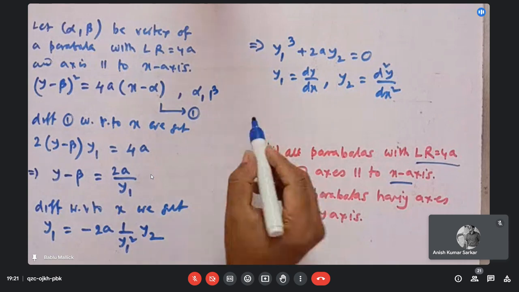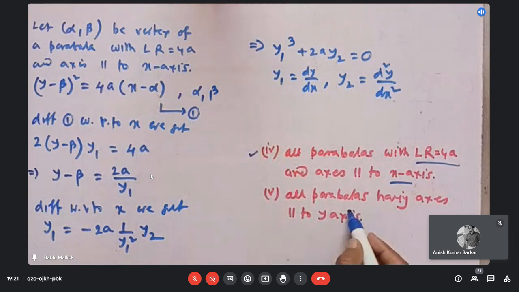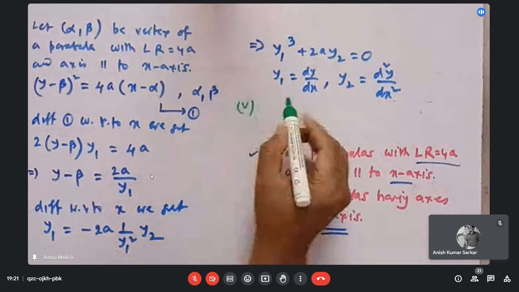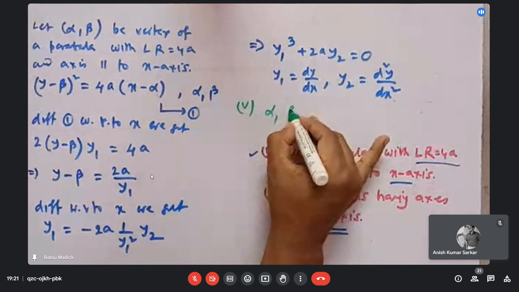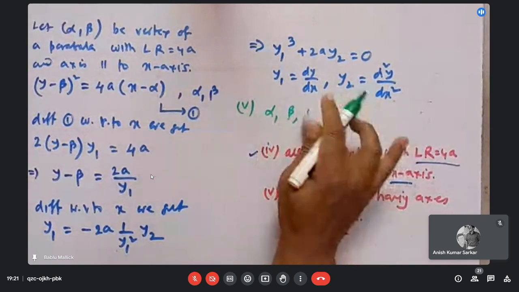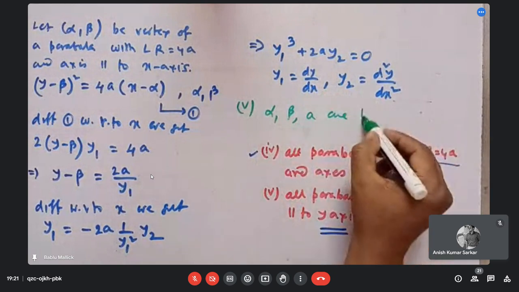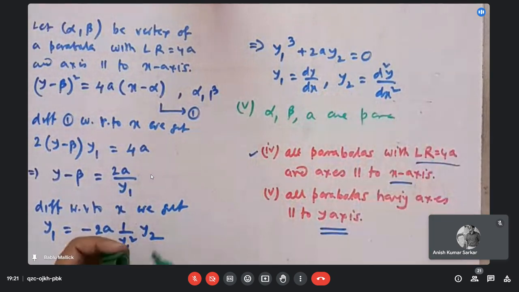Next, sum number 5 is your homework. Here just the axis is given; the vertex is not given, and the latus rectum is not given. That means in sum number 5, alpha, beta and a are parameters.